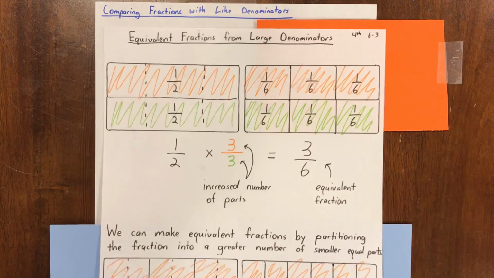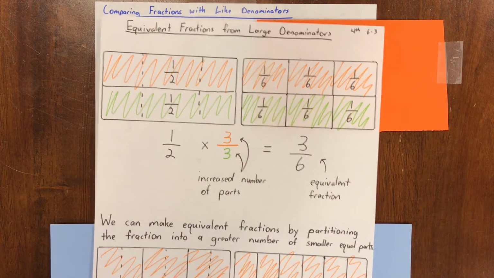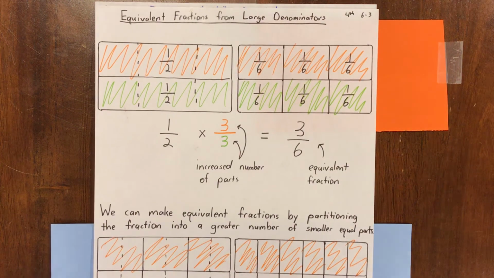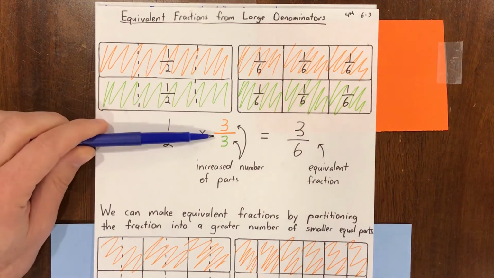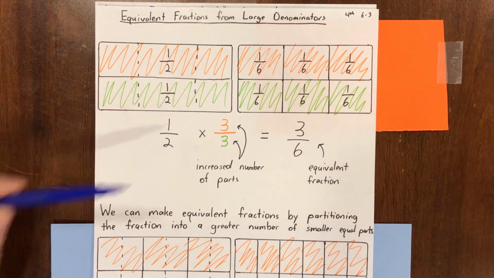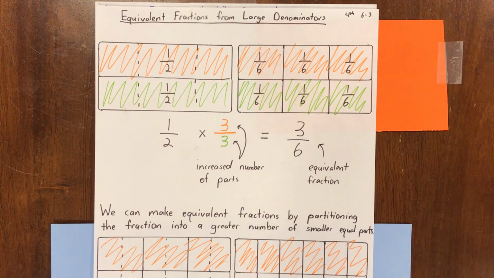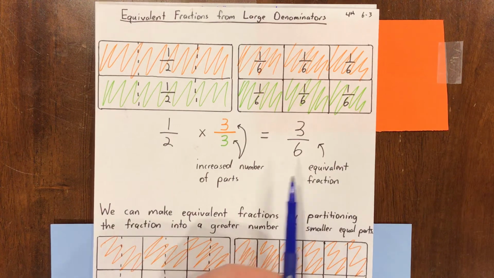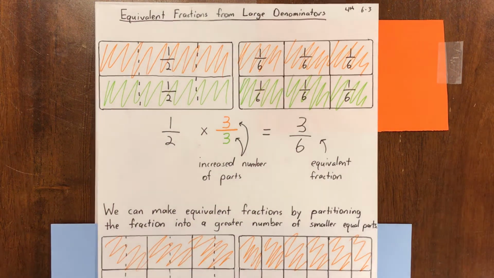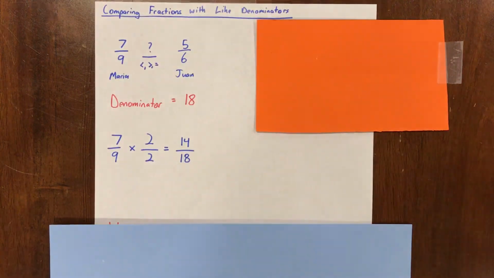Yeah, we know from our previous lessons that multiplying both the numerator and the denominator by the same number increases both of them by the same amount, and that results in a fraction that is equivalent or equal to our starting fraction.